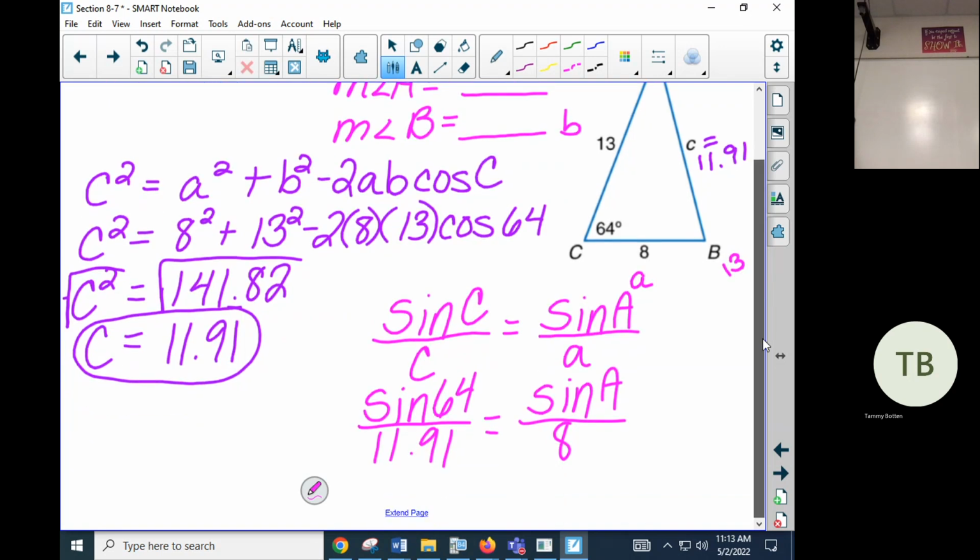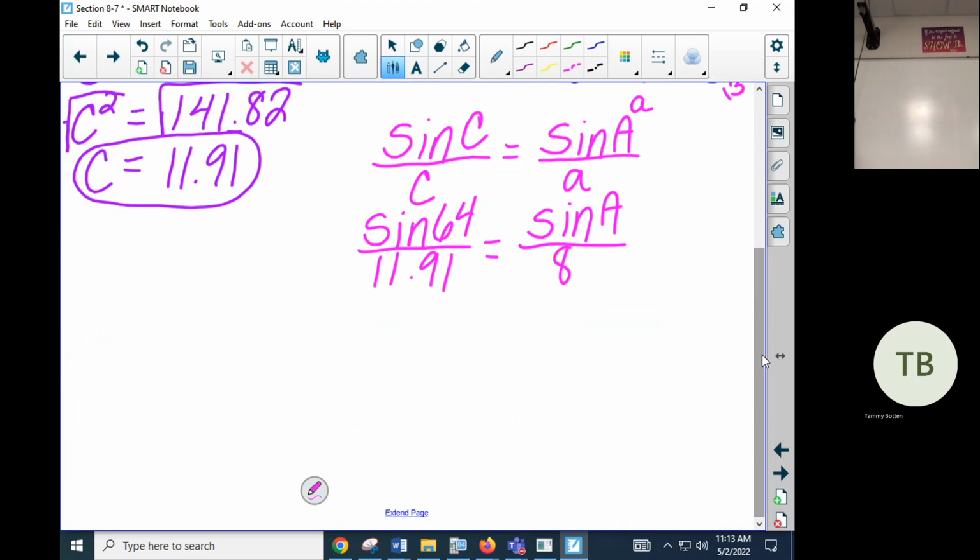Okay. Now this is something similar to what we did last week, where we're going to do cross products, and we would get 8 times sine of 64 equals 11.91 times sine of A. Okay? I want to solve for angle A, and right now this is multiplied by the 11.91.